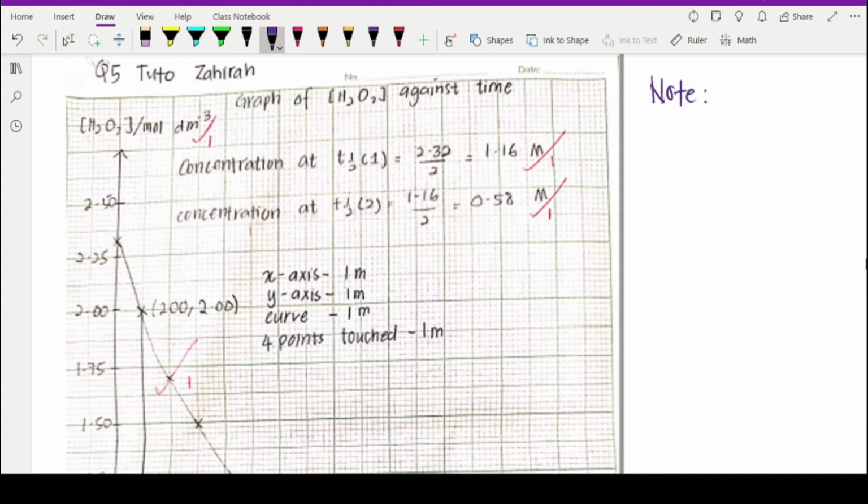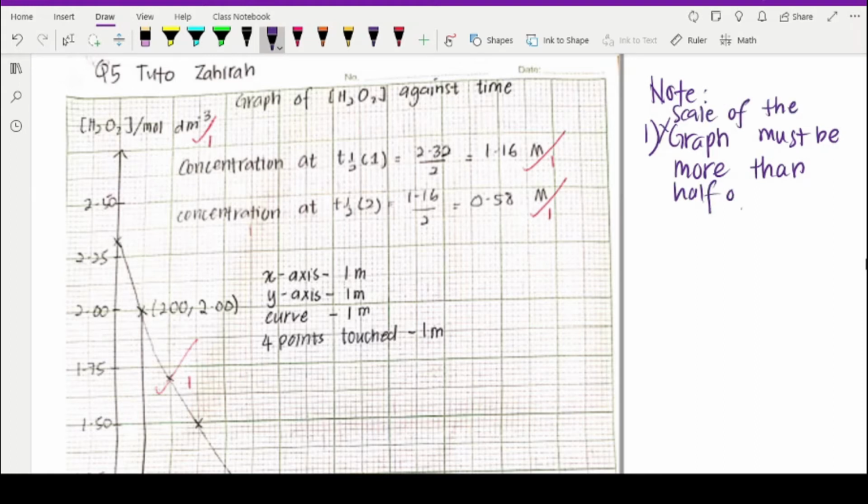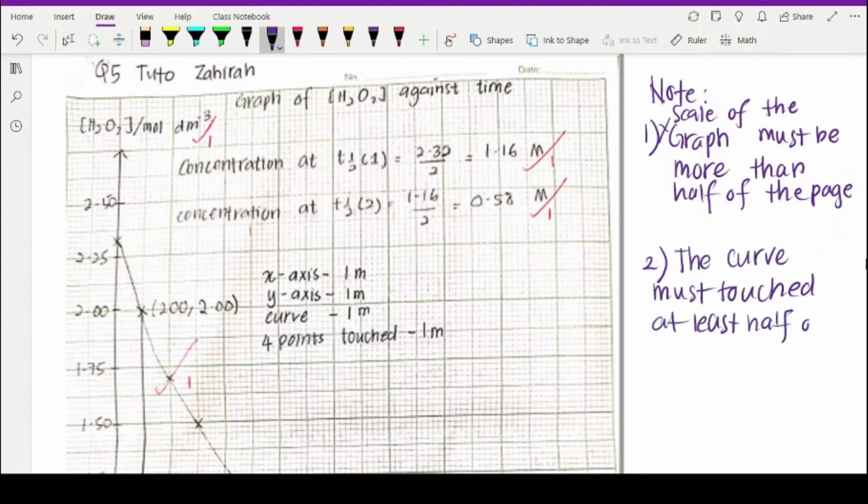For chemistry, the scale of your graph must be more than half of the page. And then second, the curve must touch at least half of the points.